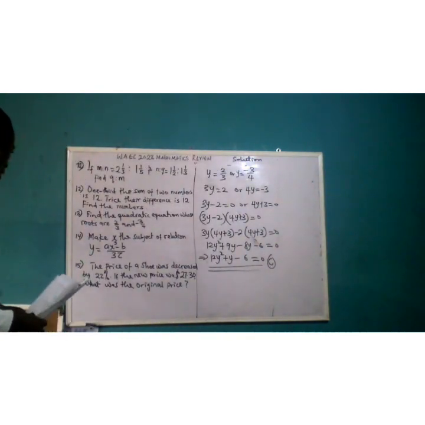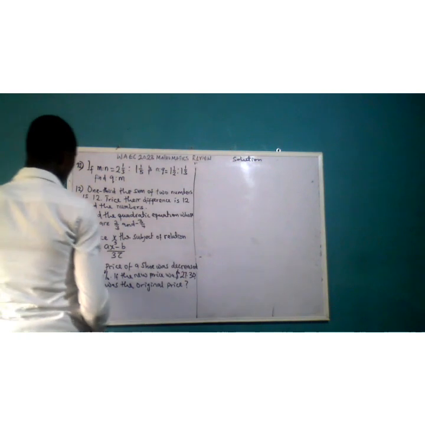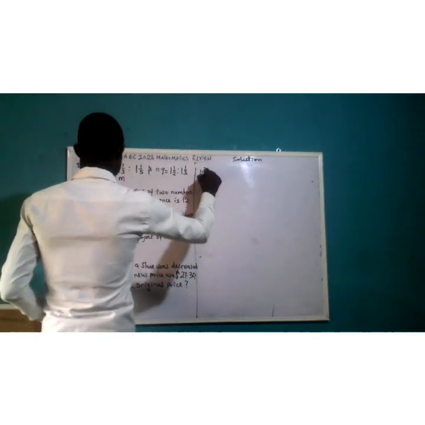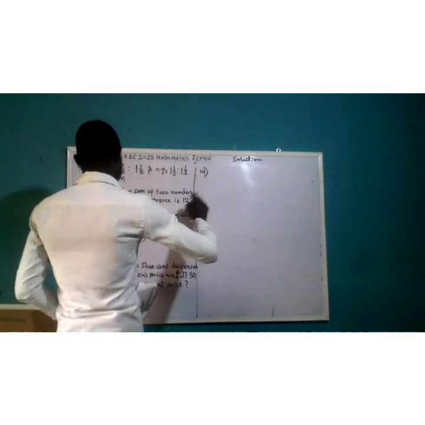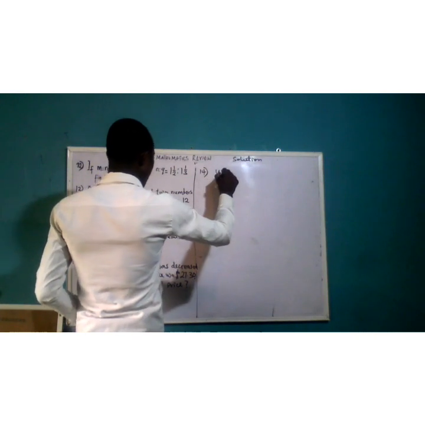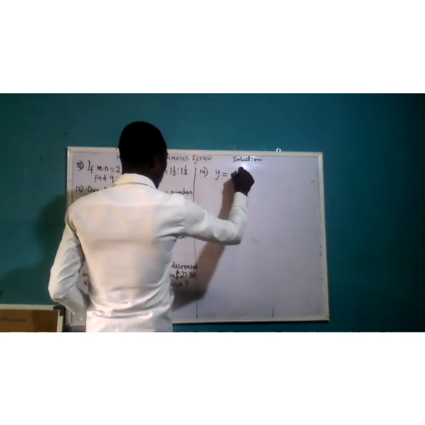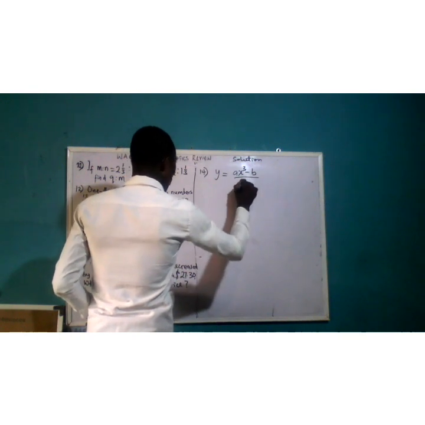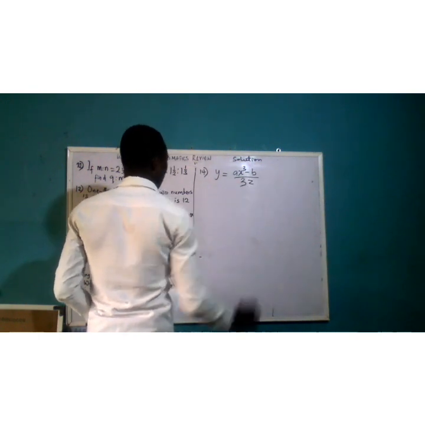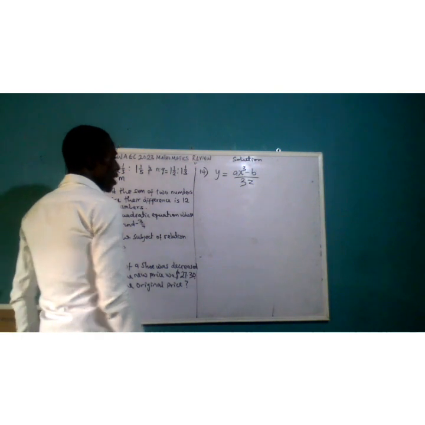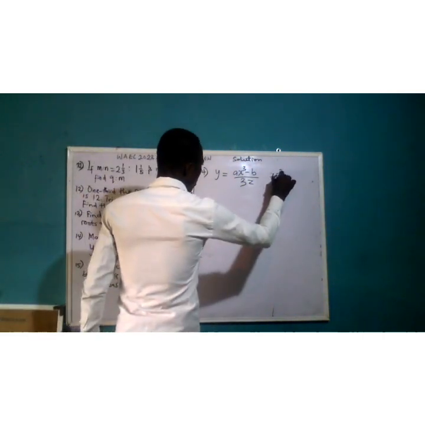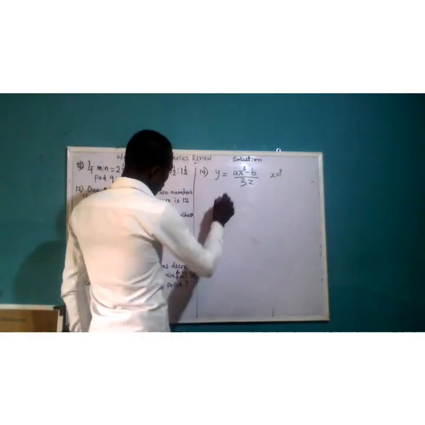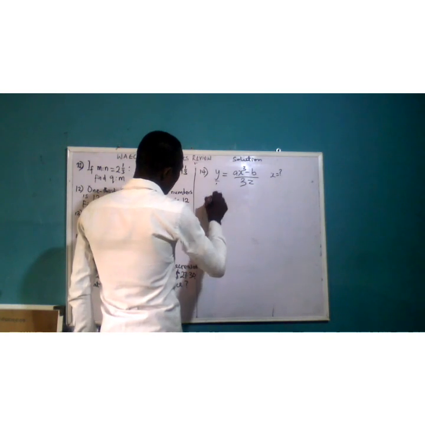Now let's go to the next question, question number 14, where we are asked to make x the subject of the formula in the relation y equals (ax cubed minus b) all over 3z.